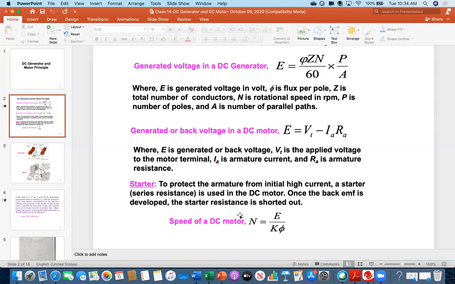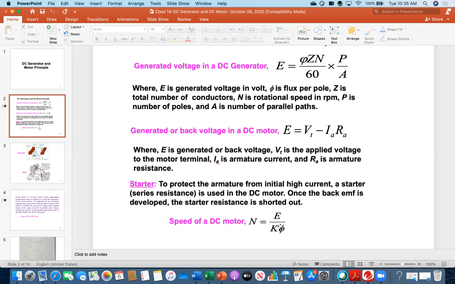Now I am discussing the DC motor, but the equation should be the same for both motor and generator. The back voltage has the same expression. This expression we discussed at the beginning today for the DC generator voltage, but the same equation applies for the back voltage, exactly the same thing. So that's why I am deriving this equation from there.